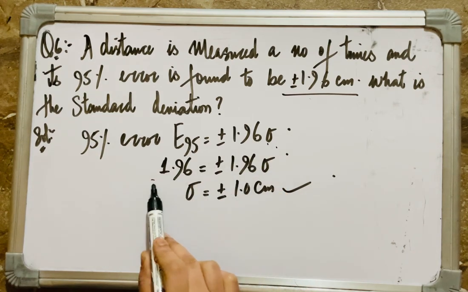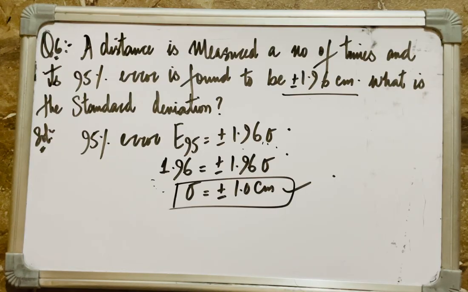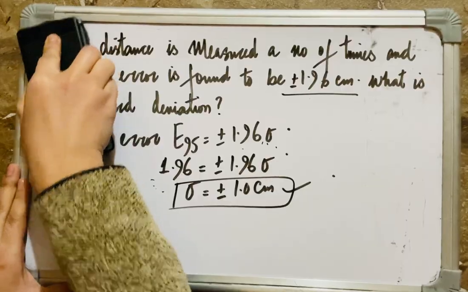But in the question it is already given that 1.96 centimeters is E95. Then my standard deviation is how much? I substituted the values, and I found my sigma to be plus minus 1 centimeter. All right, let's do the next question.